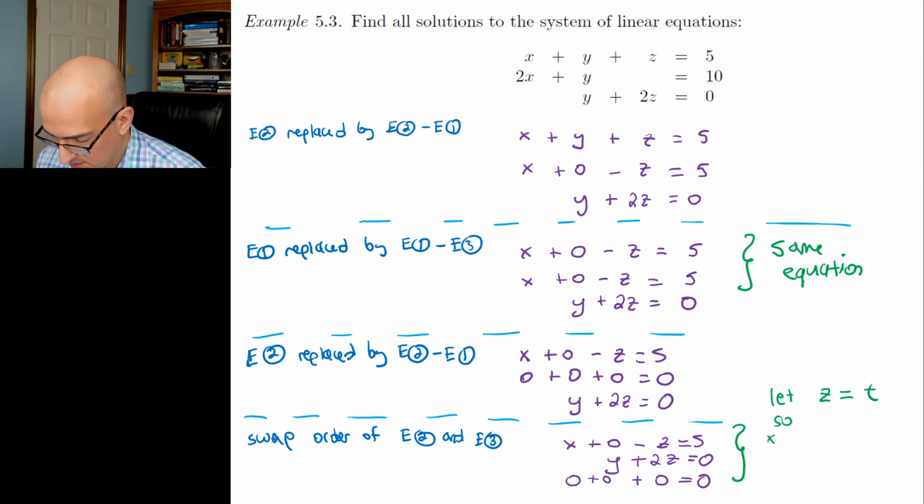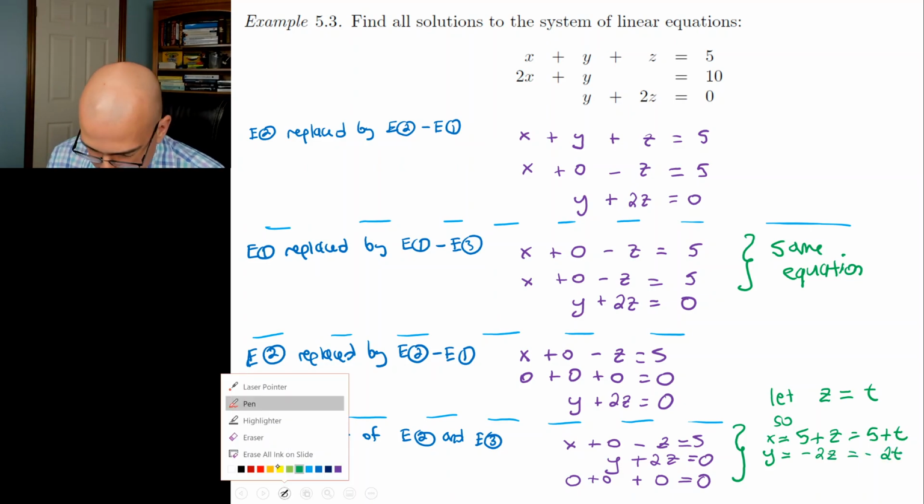So x is equal to 5 plus z becomes 5 plus t. y is equal to negative 2z becomes negative 2t.